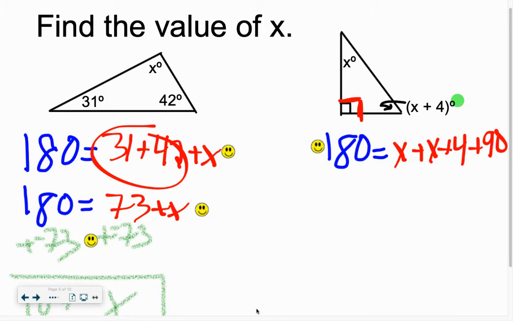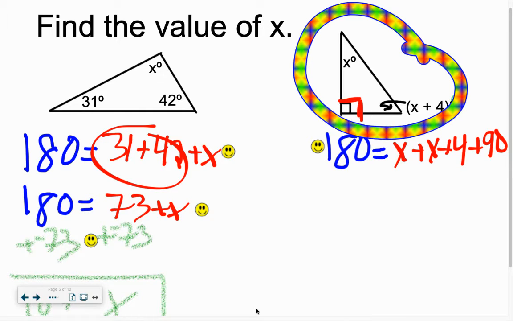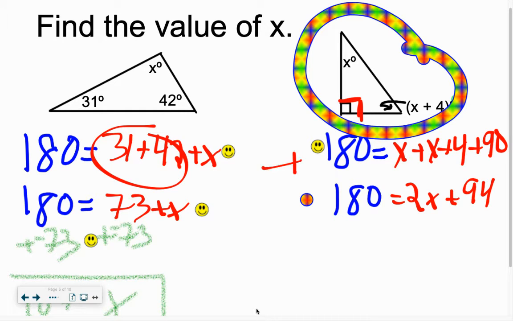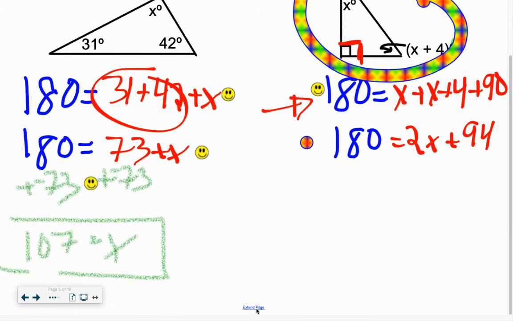You could look at this whole thing up here and quickly jump to this spot where you know it's 180, and that it is 2x plus 94. It is possible to jump there, but you'll always see me start here, so that you know where we got these numbers from.